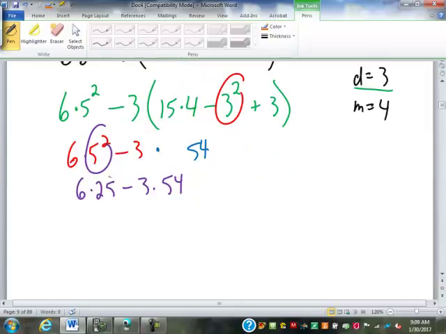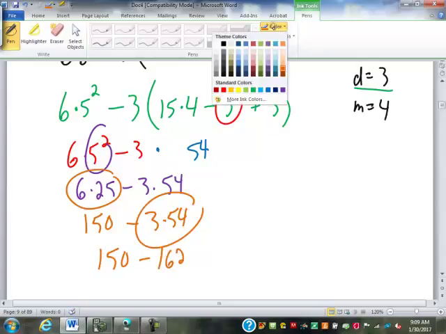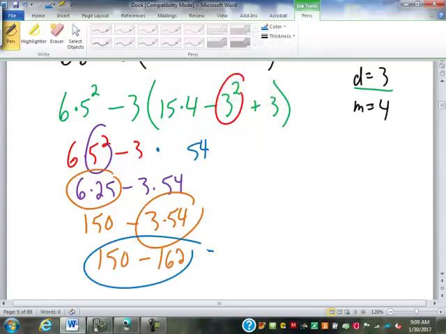So I'm going to multiply first, left to right. 6 times 25, 150. 3 times 54, 162. And we subtract to get negative 12. Any questions?